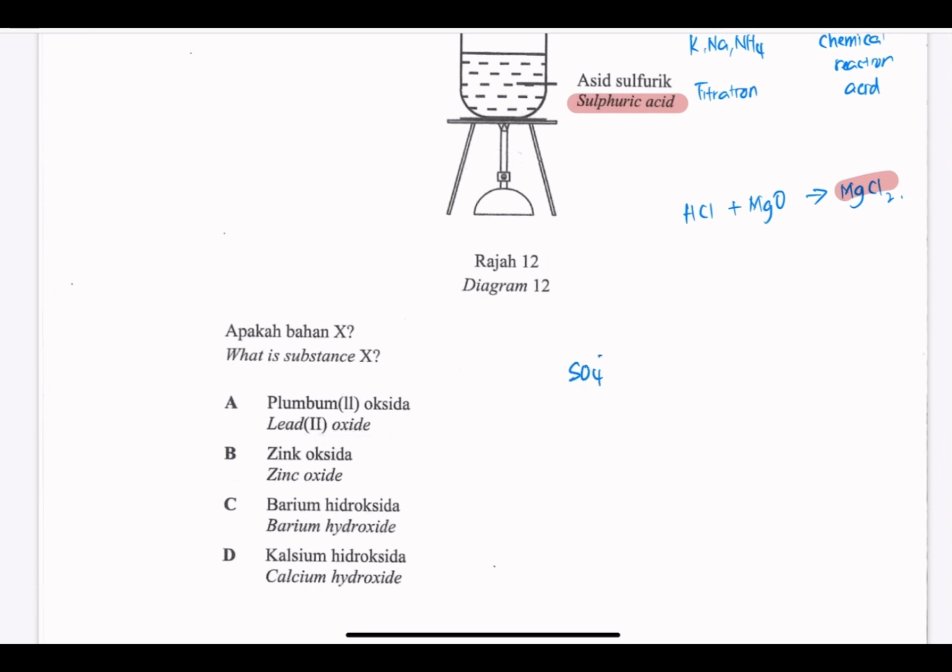Sulfates are always soluble except lead, barium, and calcium. Zinc oxide reacts with sulfuric acid, we will get zinc sulfate, and this is the soluble salt.